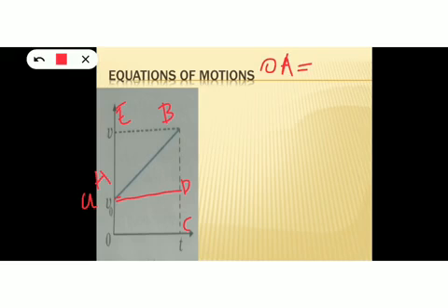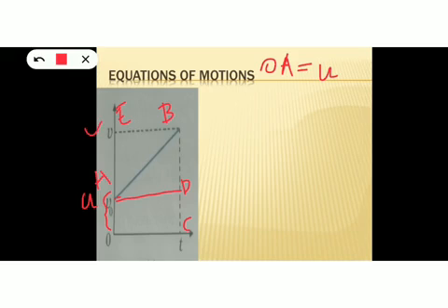OA means this distance, and that is our initial velocity u. The object is moving with some initial velocity u. And B is the final position of the object, so the velocity corresponding to that final position is final velocity v.